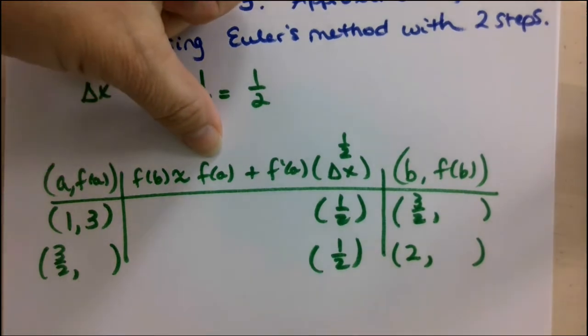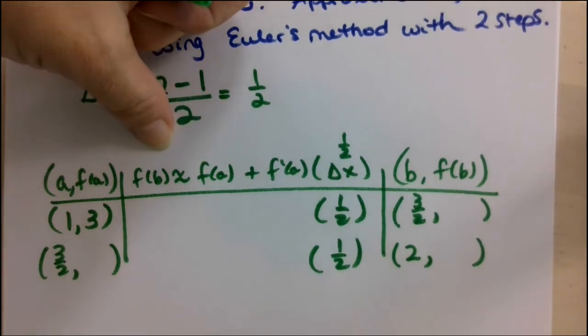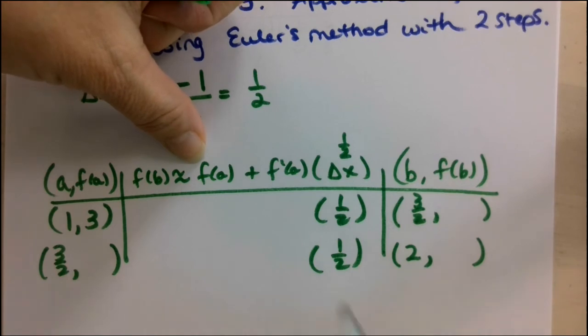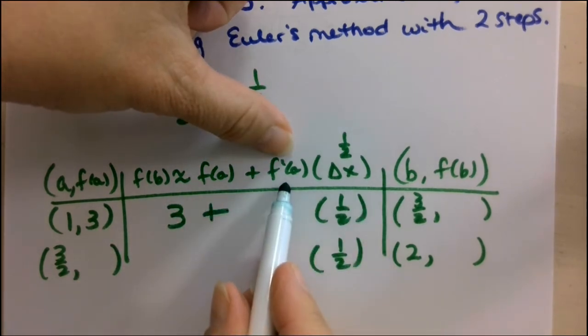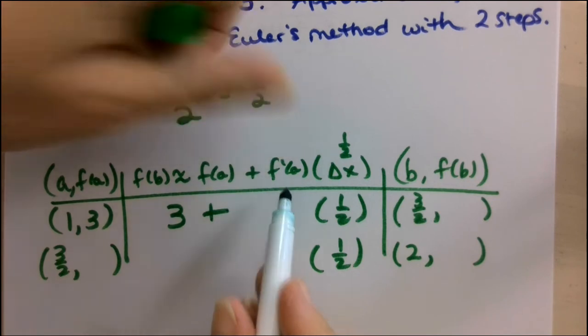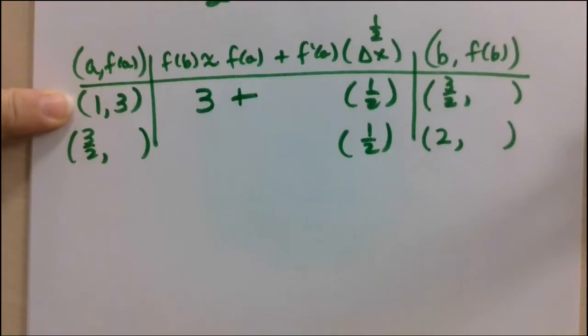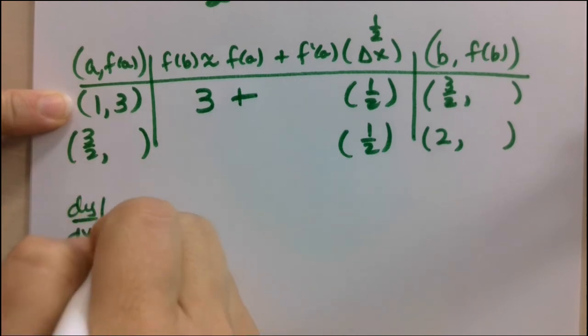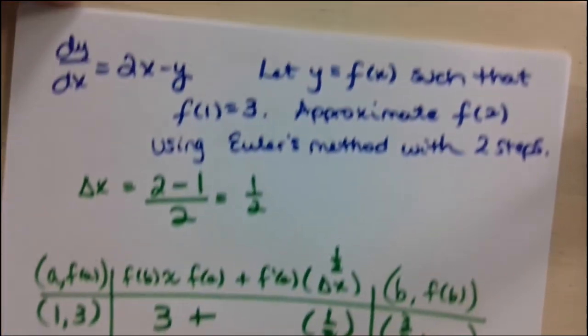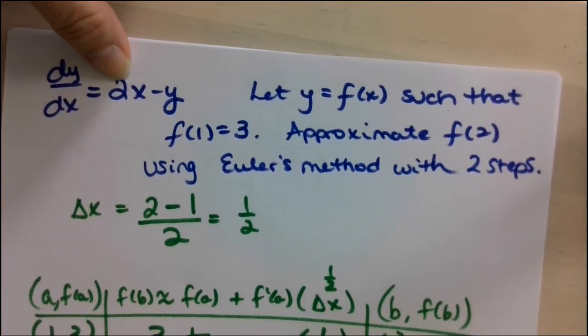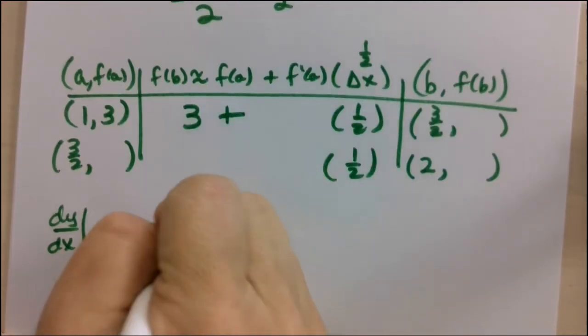So now I'm going to do my tangent line formula here. f of a is 3 plus f prime of a, or dy dx at this point. So let's calculate this down here. dy dx at the point 1, 3 is going to be equal to, remember my dy dx is 2x minus y.